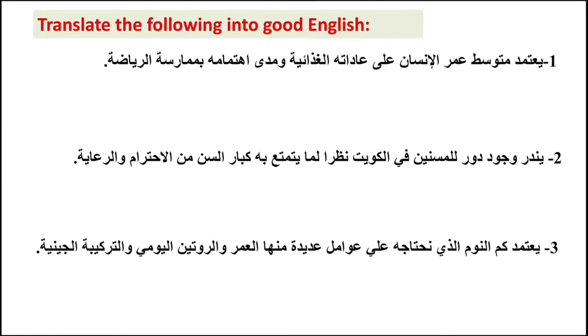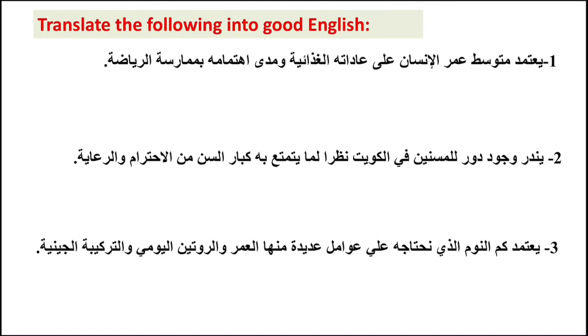Now let's have examples of translation sentences. Translate the following into good English. You should have on the exam a dialogue or two sentences in Arabic, and you need to translate in English. They're not three. This is just for explanation purposes.